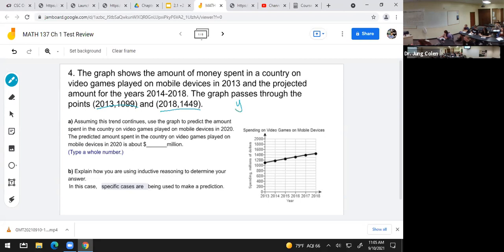A linear graph has the form ax plus b, or maybe you're more familiar with y equals mx plus b. So you have only one degree of x there, and a and b, or m and b, you need to find out. So we call m or a what? Slope. How much it is tilted. So we call this m the slope.